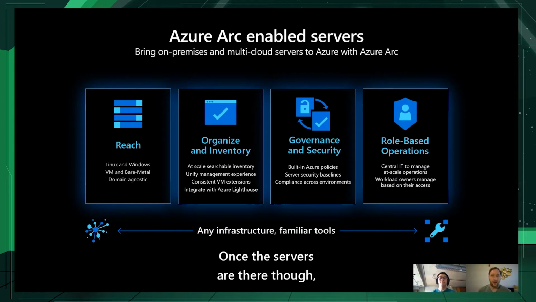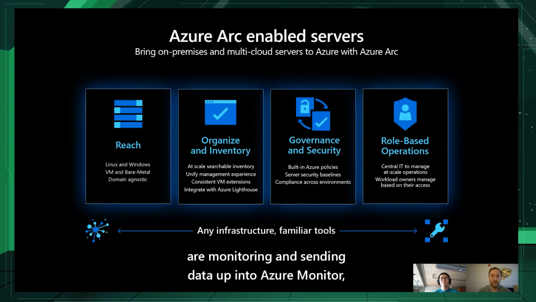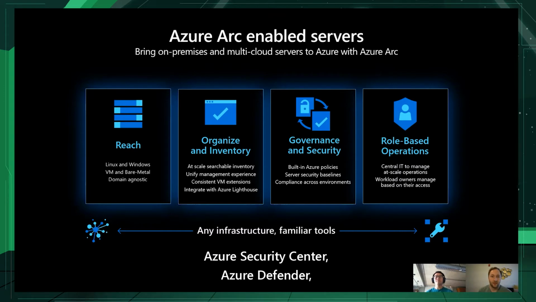Once the servers are there, though, you get a ton of different capabilities added. The next big one that we see a lot of customers move into is policy and governance. With Azure Policy, you're able to enforce things like automatically deploying agents to these servers so that they are monitoring and sending data up into Azure Monitor, Azure Security Center, Azure Defender, whatever tools you're using to help protect and monitor your workloads.